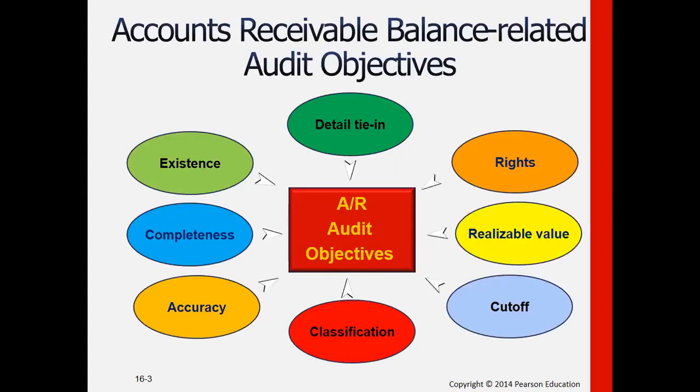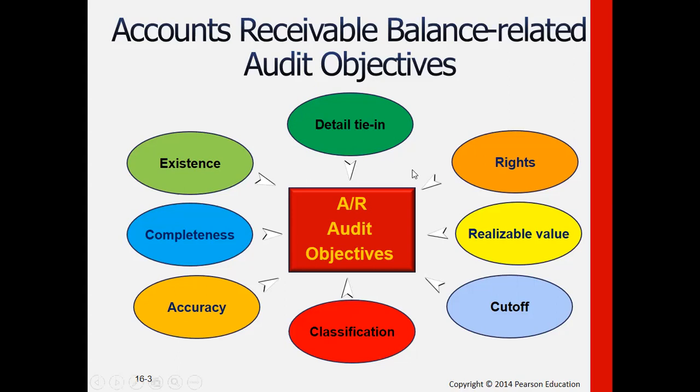Then the audit risk model will be reviewing whether certain accounts, like accounts receivable, are riskier compared with the others, and therefore we have to gather more evidence for that. Anyhow, these are the balance-related audit objectives for AR, or accounts receivable.